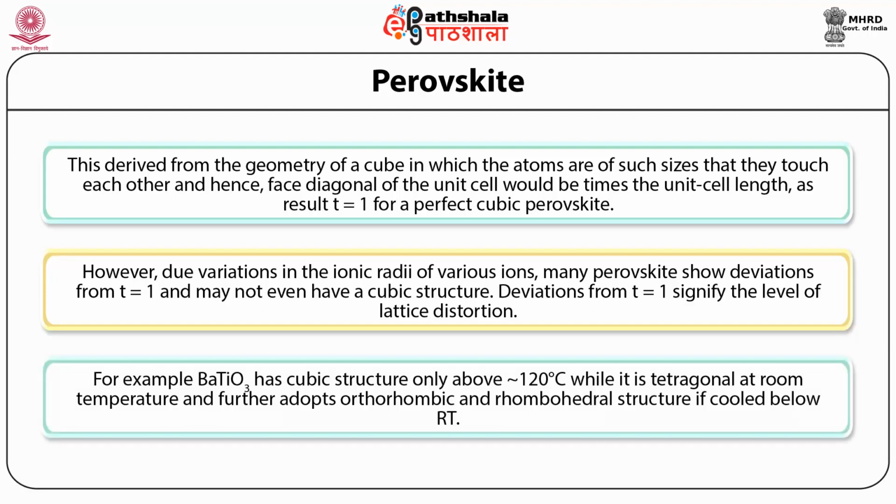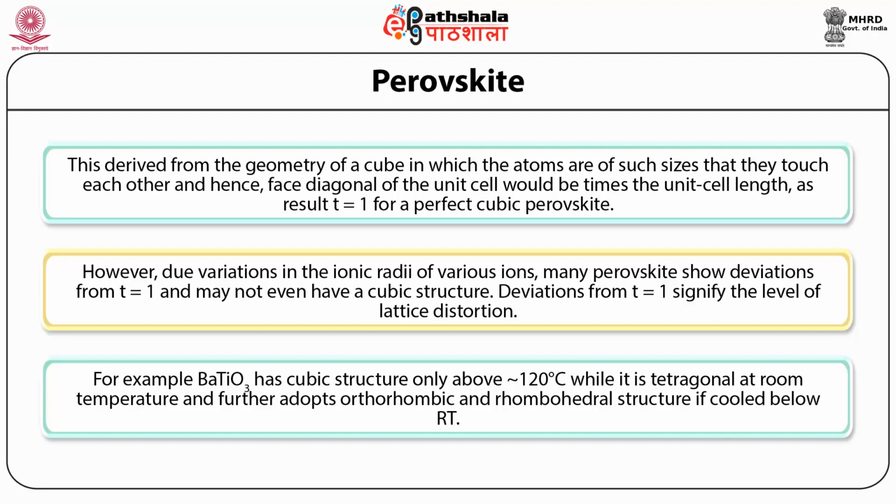For example, barium titanate. As we have discussed earlier, barium titanate, that is BaTiO3, is a perovskite structure. As we have discussed, ABO3 is the perovskite structure. So in this case also, there are 3 types of atoms: barium, titanium and oxygen.